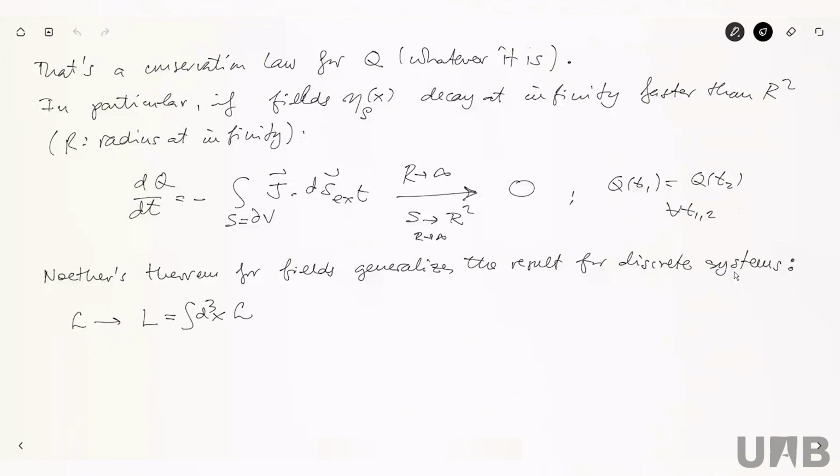So the fields eta rho have to become Qi. And other changes we'll have to make, like for instance, delta x mu will have to become delta t, because x did not exist for discrete systems. It was only an index, a label i, but there was a t.